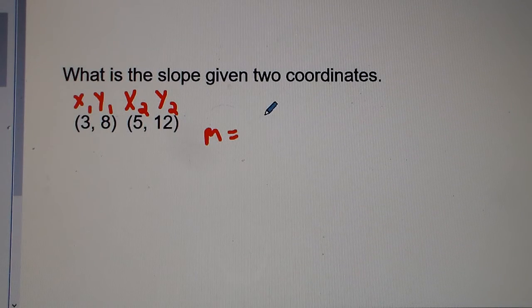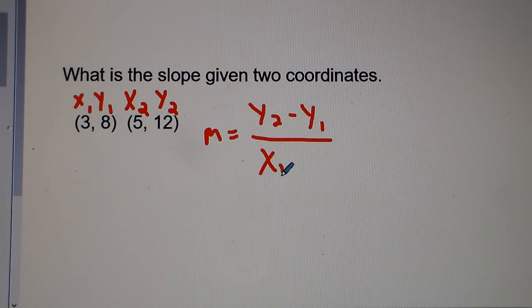Okay, so if you forgot, it's m equals y2 minus y1 over x2 minus x1. So we're going to replace them. My y2 is 12 minus my y1.